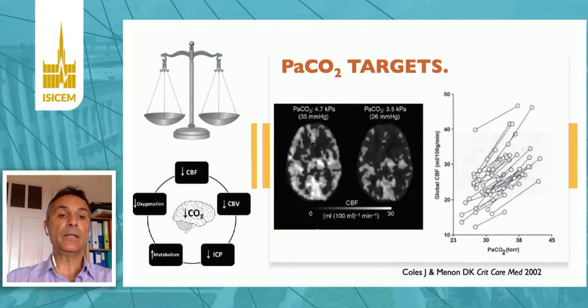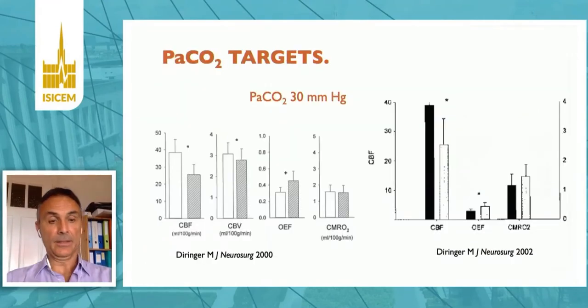But the problem here is that with vasoconstriction, the risk is that if you reduce too much, and if you go below 30, so from 35 to 25, the risk of true ischemia is relatively high. So obviously, based on this study, you don't want an aggressive intervention, so aggressive hyperventilation, defined as a PCO2 below 25.